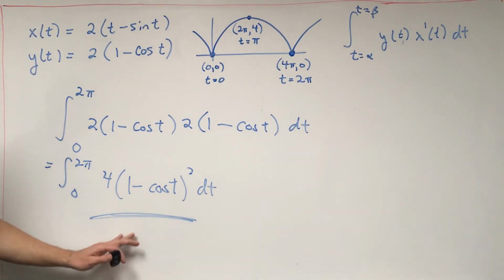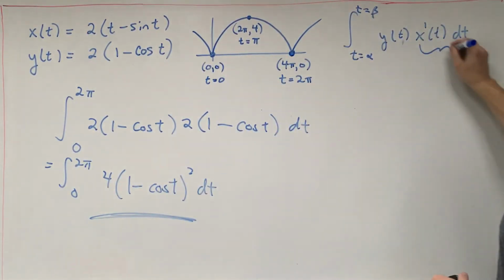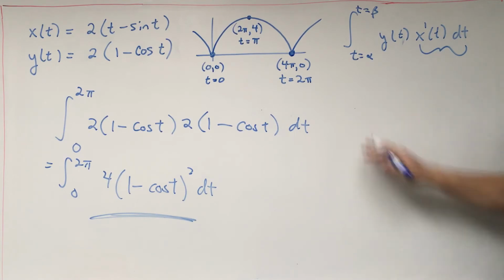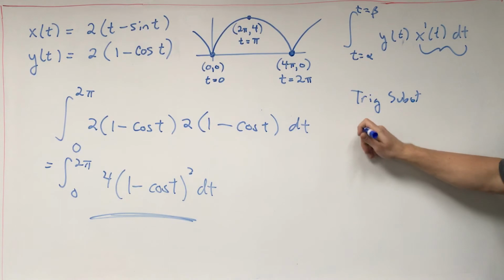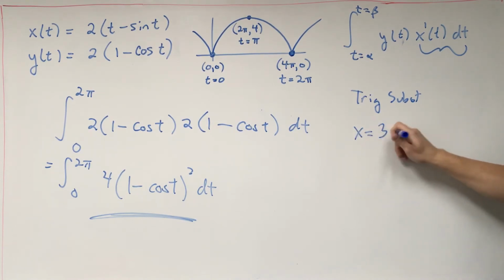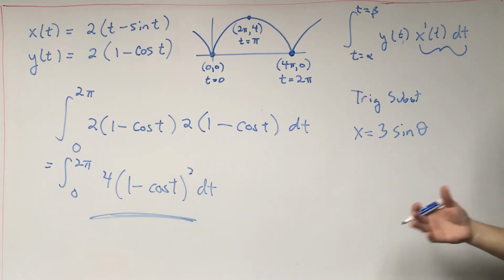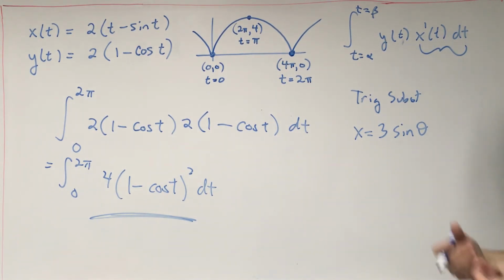But before I finish this topic, I want to come back and revisit this guy right here. I want to remind you that earlier in the semester when we discussed trig substitution, we talked about how it was a reverse substitution. And so when we talked about trig substitution, you might have something like x equals 3 sine theta, where, contrary to our common sense that may dictate to us, we're trying to take a problem without trigonometry and purposefully put trig into it.